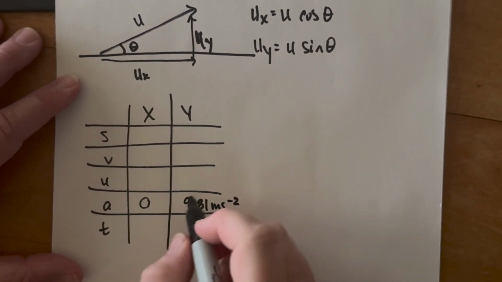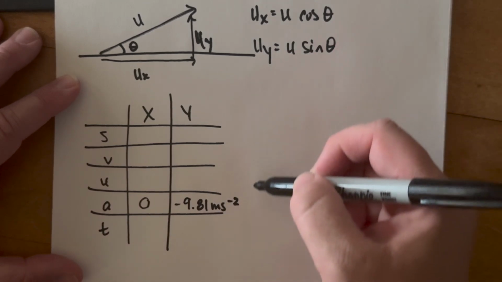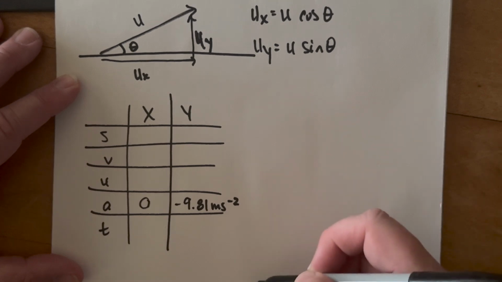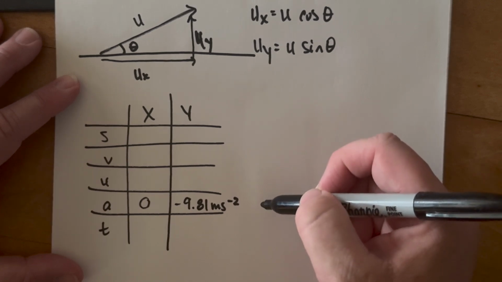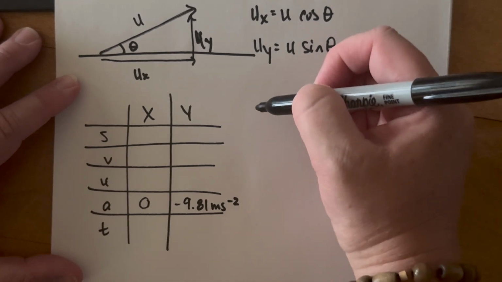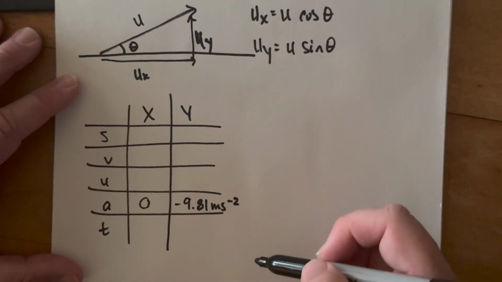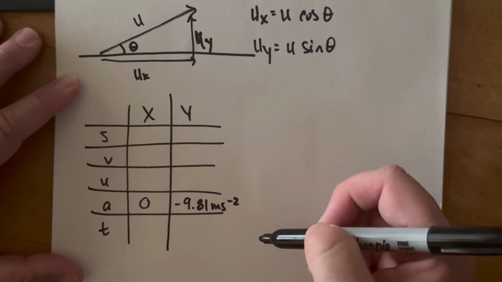Here in this situation, we'll have a negative in front of it, just like we did when we throw a ball up in the air and catch it. Gravity is always going to be pulling to the ground, and with gravity pulling to the ground, we keep that as negative. That means that if the velocity is going up, it's positive, and if the velocity is going down, it's negative. Anything that is going up is positive, anything that is going down is negative here.